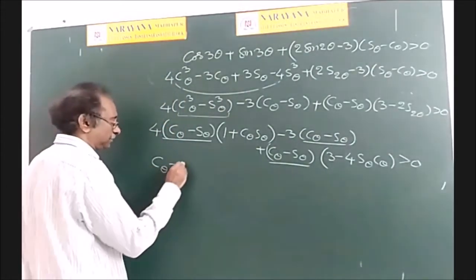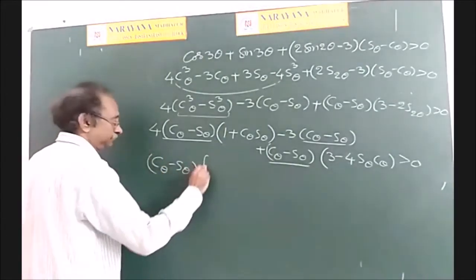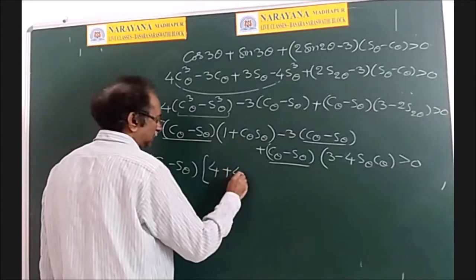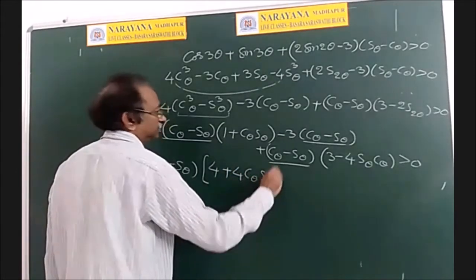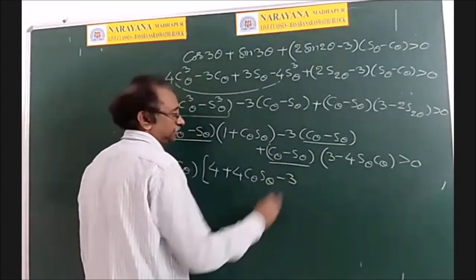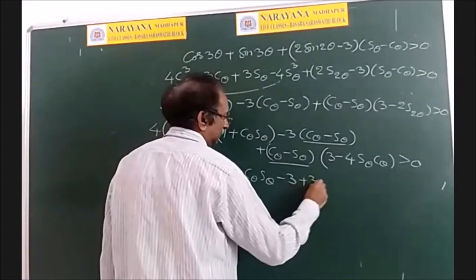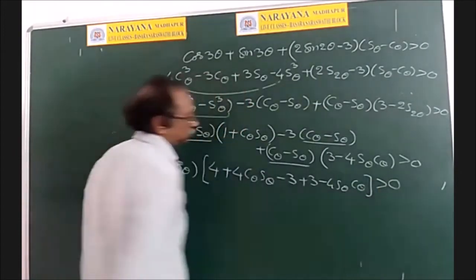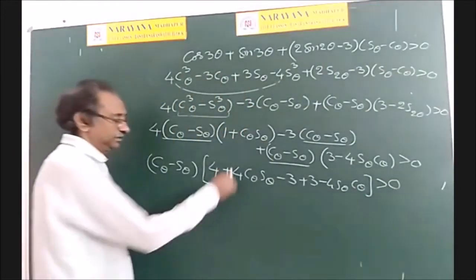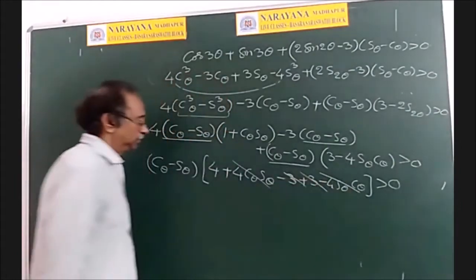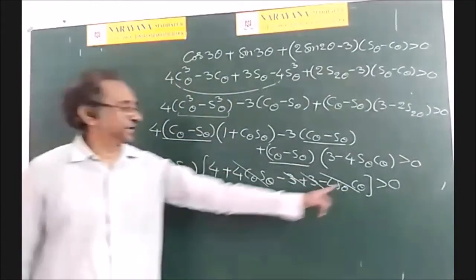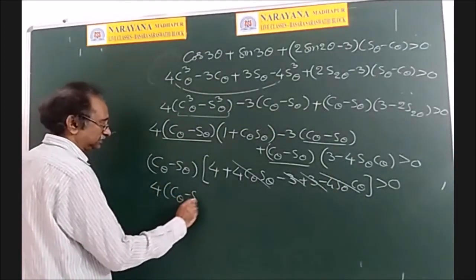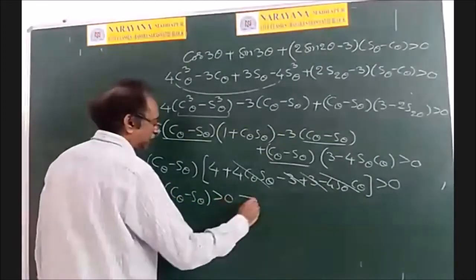Therefore, take cos theta minus sin theta common into 4 into 1, 4, plus 4 into cos theta sin theta minus 3, and you will get here plus 3 minus 4 sin theta cos theta greater than 0. And see what happened. This is cancelled and this is cancelled. So 4 into cos theta minus sin theta greater than 0.